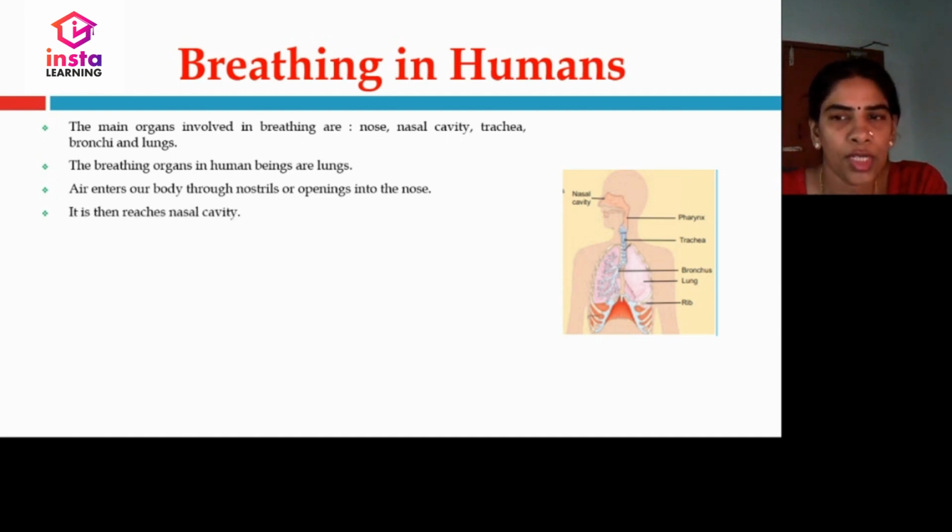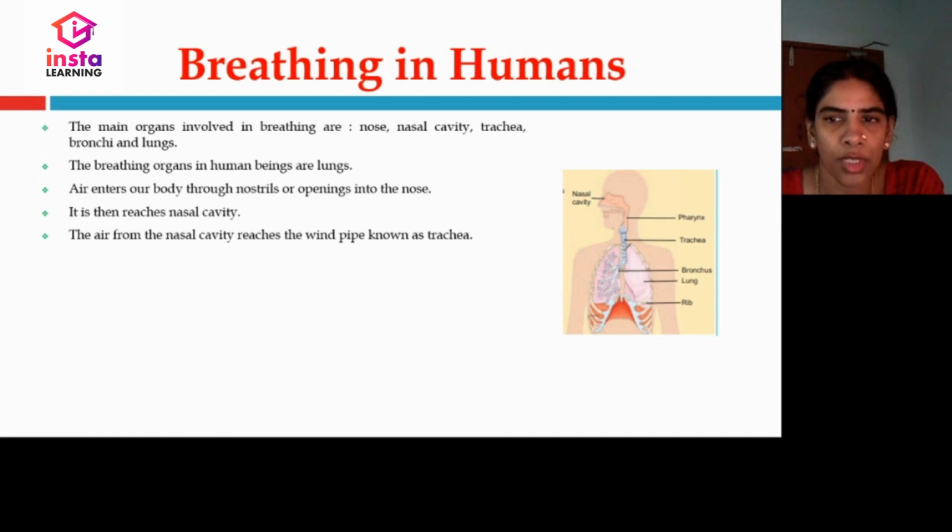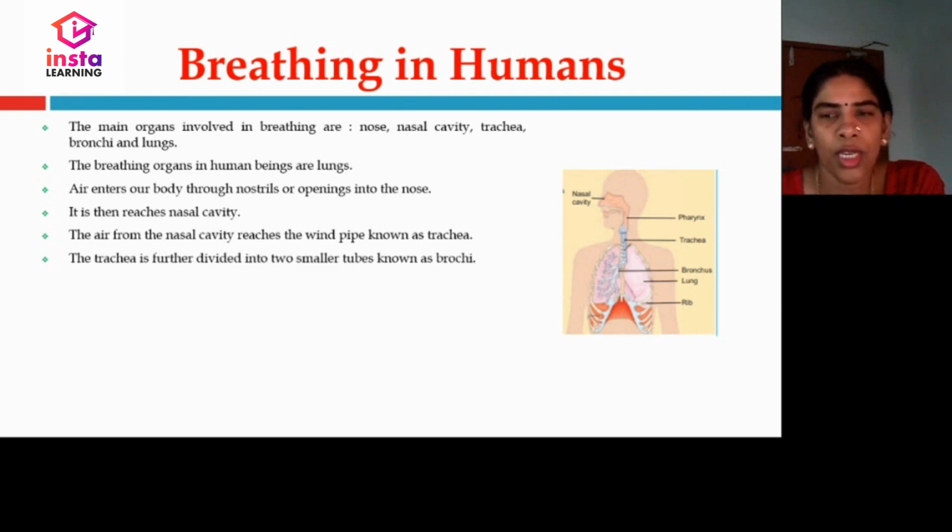It then reaches the nasal cavity. The air from the nasal cavity reaches the windpipe known as trachea through the pharynx. The trachea is further divided into two smaller tubes known as bronchi, one to either side of the lungs. One bronchus enters each lung.